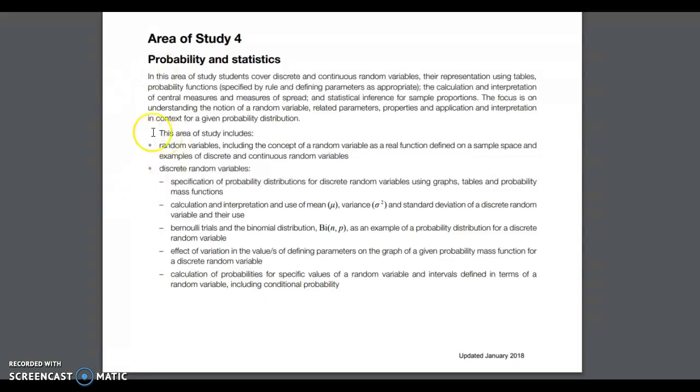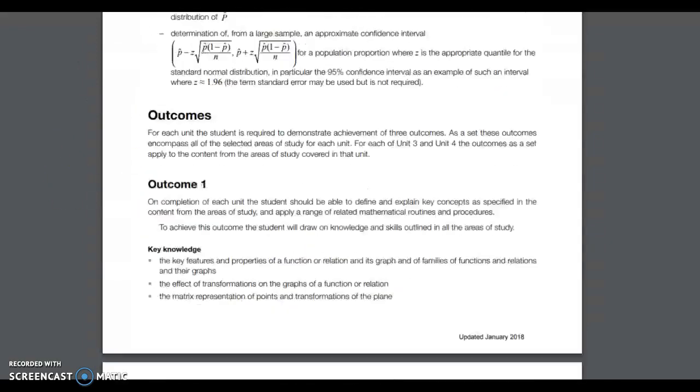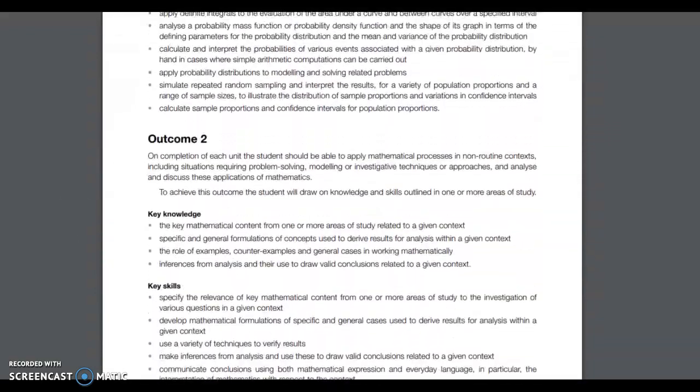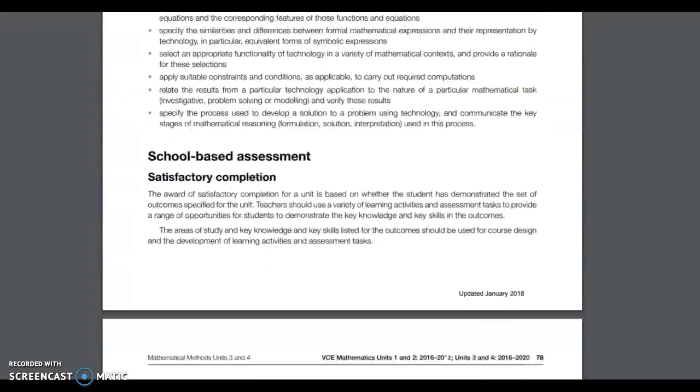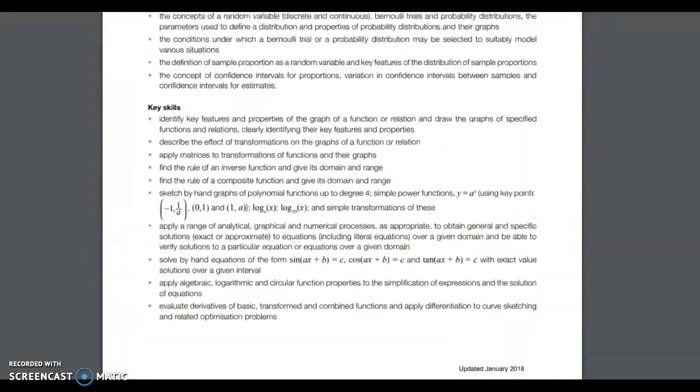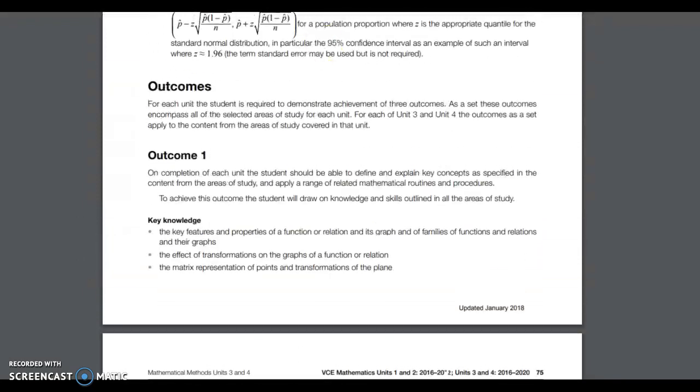Okay, so you'll need to have a look at whichever area of study you choose, have a look at the outcomes and see which one is more aligned with your particular area of study, okay, and address each key skill and key knowledge.